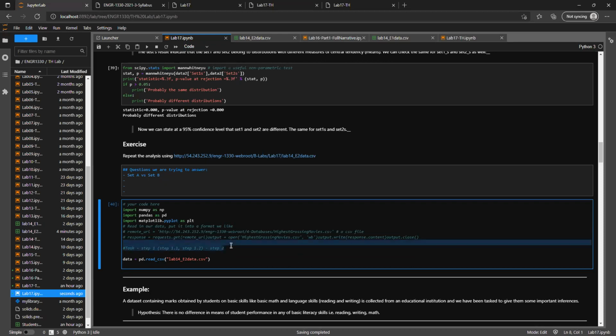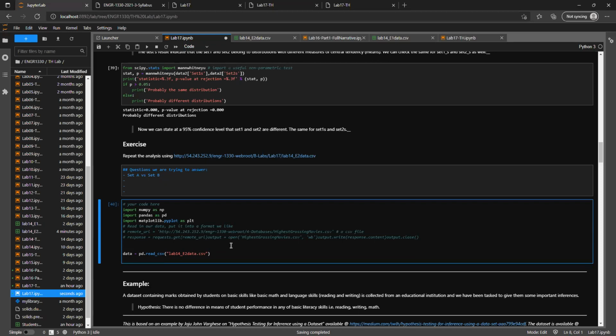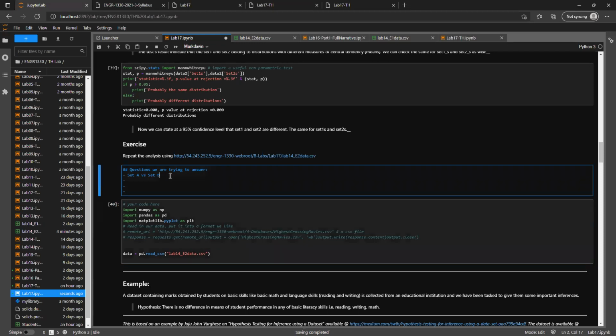Mark said to find out if the data sets are different or similar. Yeah, that is actually the overall task. Are these data sets significantly different or not?